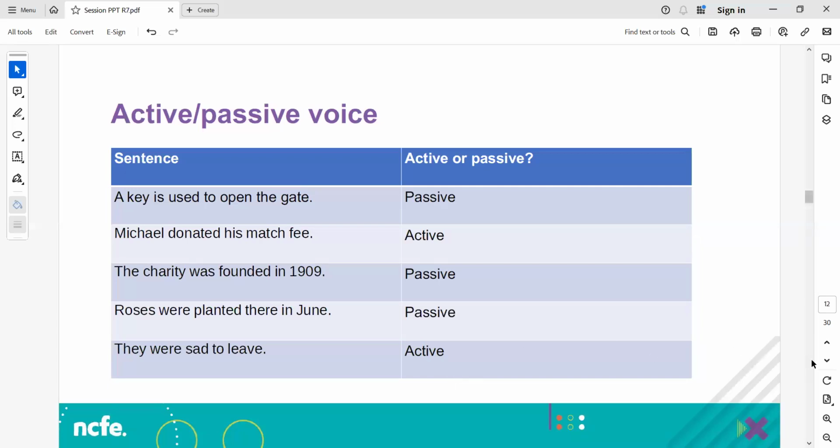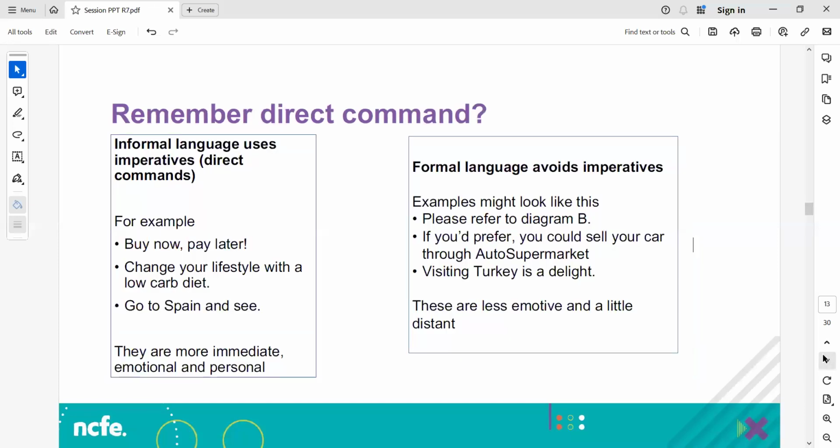Okay. Any questions? Okay, so we have looked at direct command previously, but some of you I know have just joined us this week. Direct command is using the imperative form of the verb. So it would not be preceded by please or somebody's name or you.